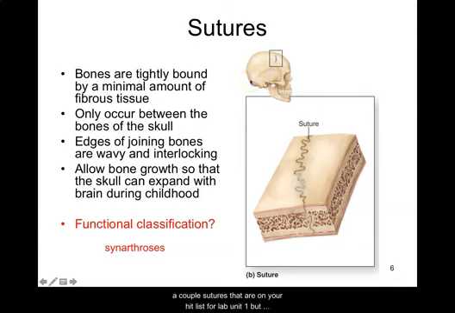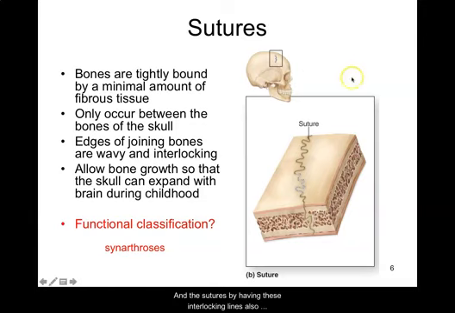There are a couple sutures that are on your hit list for Lab Unit 1, but there are many more sutures of the skull than just the ones on your hit list. All of these connections between our flat bones of the skull are considered sutures. What these sutures do is they allow the bones to continue to grow so that growth of the skull can happen, growth of the facial bones can happen during childhood.